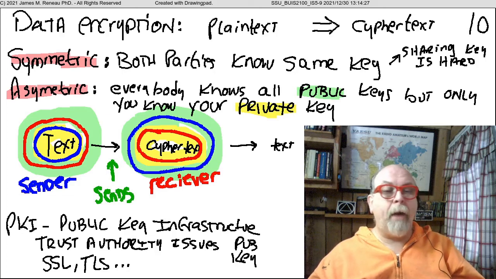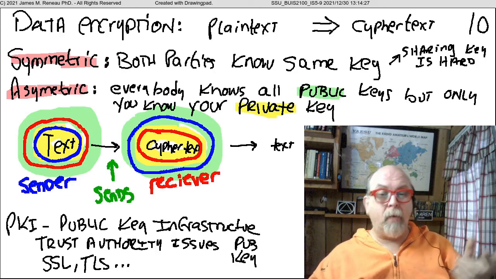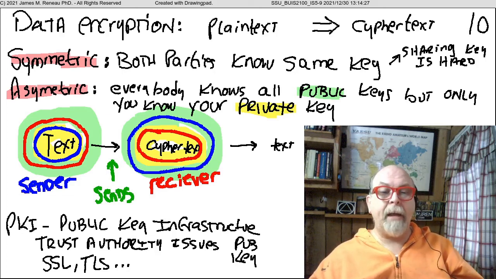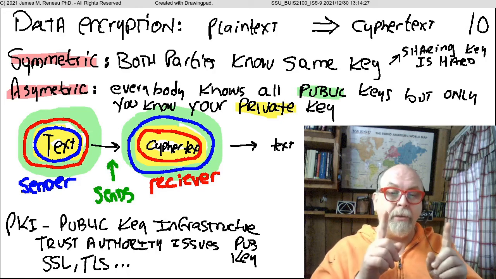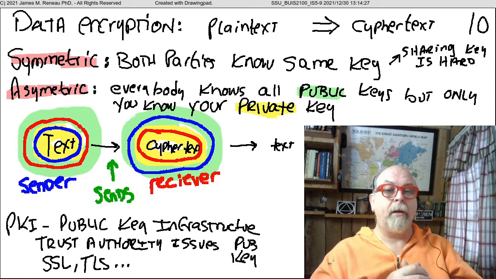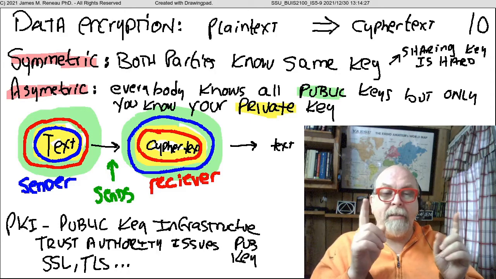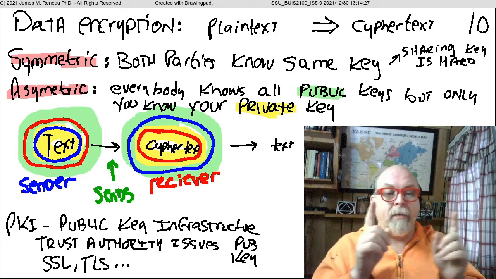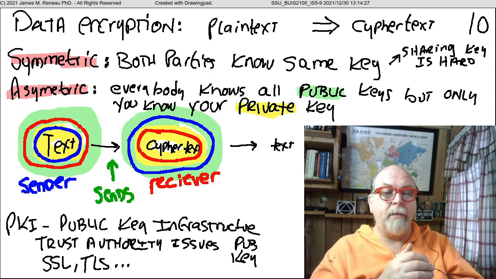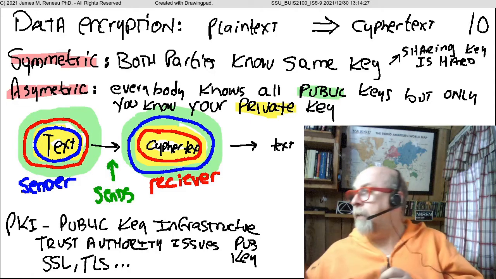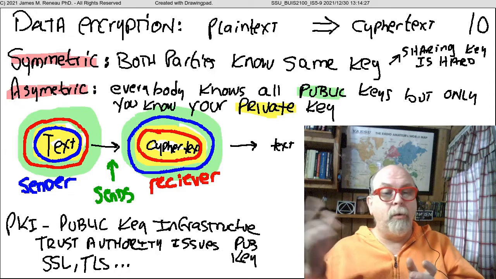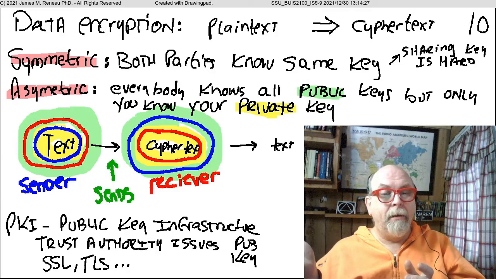Now, one of the problems with symmetric encryption is that every pair of individuals needs to have one shared secret. And sometimes sharing that secret key is difficult, because maybe you're on the network. How do I send you a secret key and keep it secret?